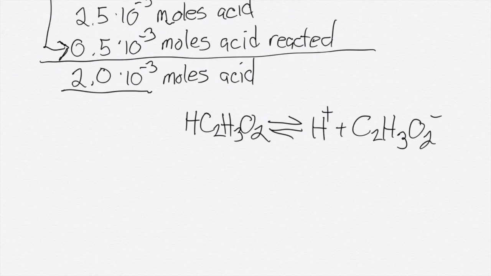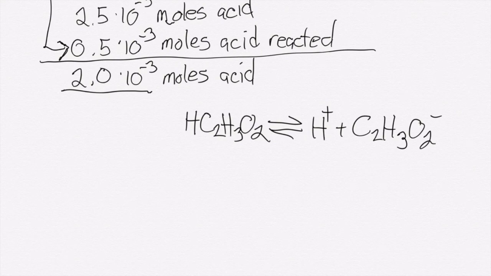Now, if you like ice tables and going through these quadratic equations, that's fine. I'm not so hot on them. I prefer to do these as quickly as possible. Nothing wrong with people who like to do quadratic equations, but my time is precious, so I typically take a different approach once I get to this point in figuring out the pH after a base has been added to the solution.